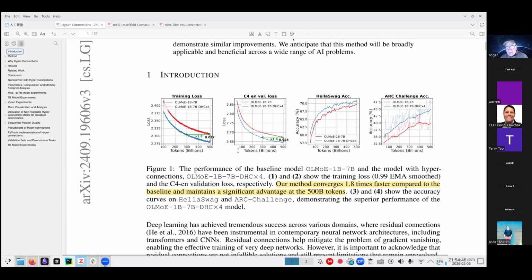I'm wondering about the model here: I have my residual stream split into multiple pieces, maybe four. If I sum up those four pieces, is the total width the same as the baseline? In other words, it's not four times as many residual streams, it's just the same size residual stream split into four pieces. It's split into four pieces, but when they feed into the attention layer, they merge those pieces together.